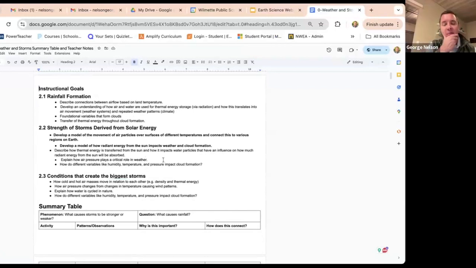Yeah. So NGSS three-dimensional learning, right? I can send you, and I'll also put this in the email. There are three parts to three-dimensional learning. There's the DCIs that I could put in an email to you, like here are the concepts that we're covering. Then the science and engineering practices, and everyone's like, how are you doing three-dimensional learning?